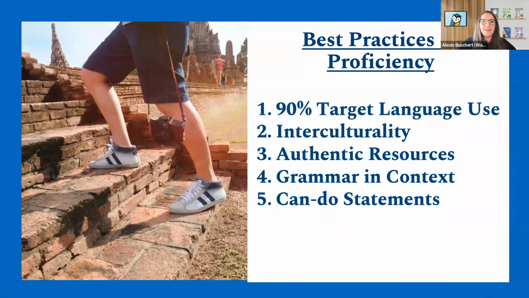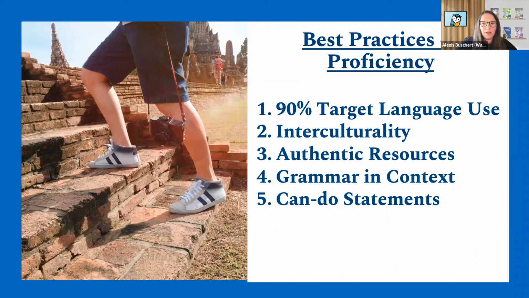Wow, we covered a lot of proficiency-based topics today during our journey. And as we wrap up today, I would like you to consider each of the topics that we addressed. We talked about target language use, interculturality, incorporating authentic resources, teaching grammar in context, and using can-do statements with our students.